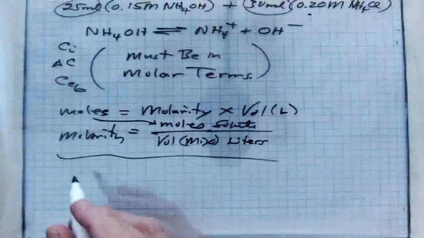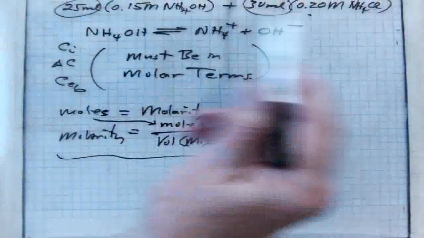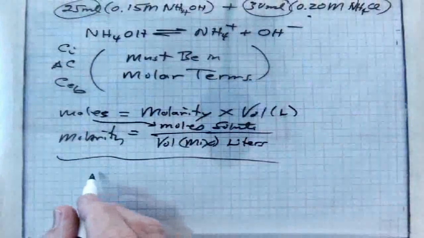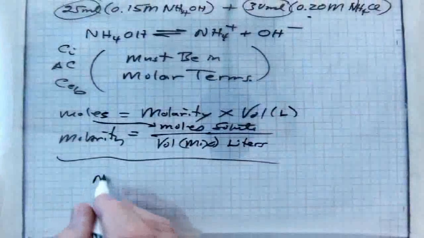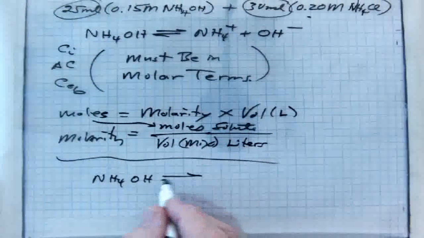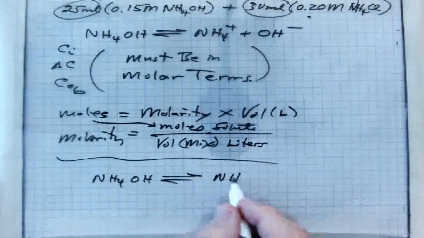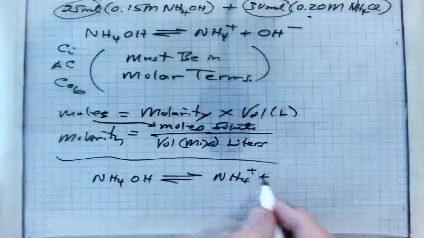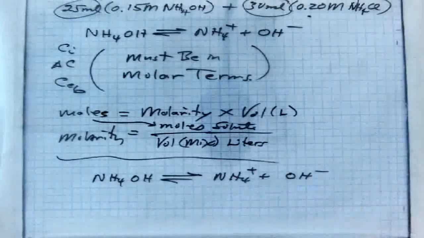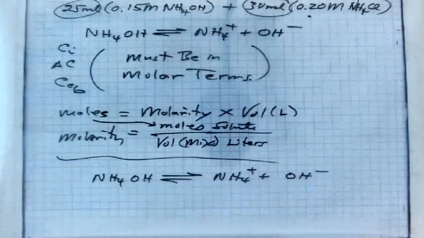But when you get solution data, you have to first get it in molar terms like this, and then NH4OH goes to NH4 plus OH minus, change it C, and then CEQ. And of course, when you finish this, you're going to have an OH number, which you have to translate into hydronium ions and pH.